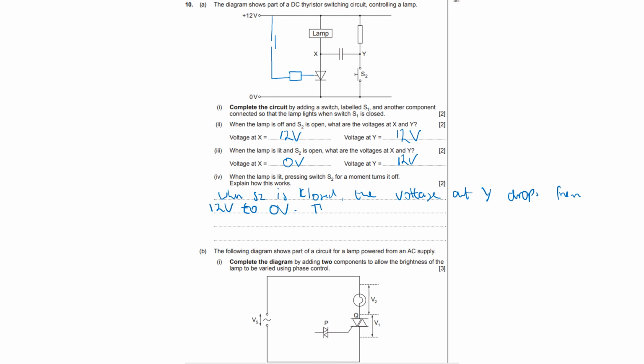The voltage at X drops, or must drop, by the same amount. It drops from 0 volts to minus 12 volts.